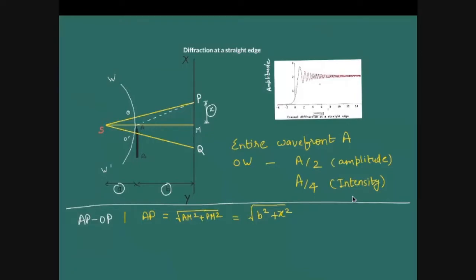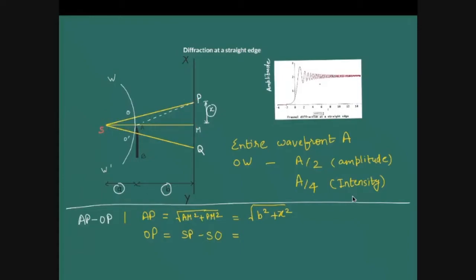Then what is OP? OP is this line. So I will take a longer route to calculate OP. I can write OP as SP minus SO. My SP, I can calculate from this triangle.